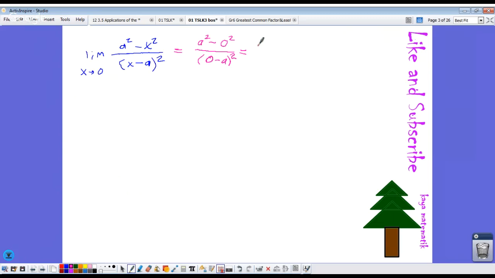So a squared minus 0 squared is a squared. 0 minus a, to the power 2, is going to be positive a squared. So here we have a squared over a squared, which is equal to 1. So this has no relation with the 0 over 0. Directly, the result is 1. There is no need to do anything else.